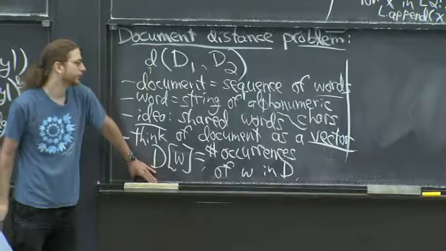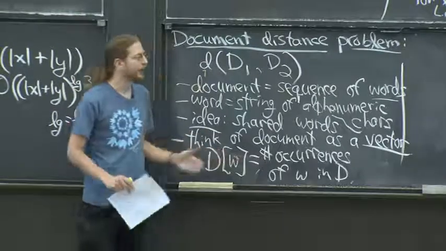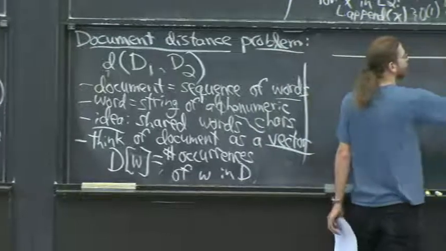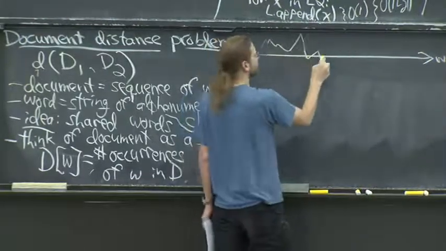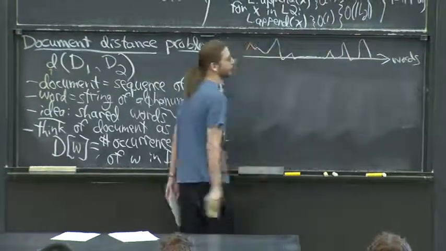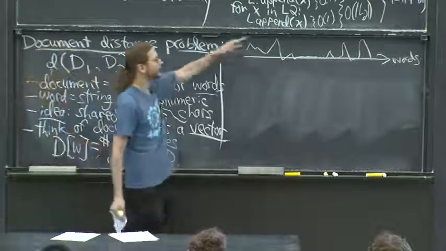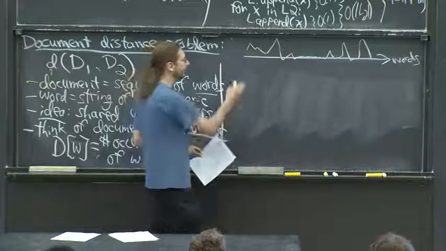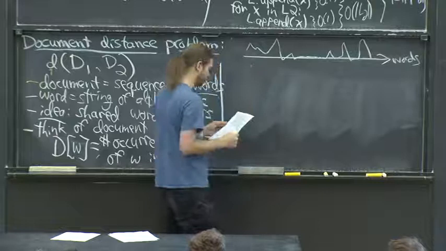Could be 0, could be 1, could be a million. I think of this as a giant vector. The vector is indexed by all words, and for each of them, there's some frequency. A lot of them are 0, and then some of them have some positive number of occurrences. You can think of every document as being one of these plots on a common axis. There are infinitely many words down here, so it's a big axis, but it's one way to draw the picture.